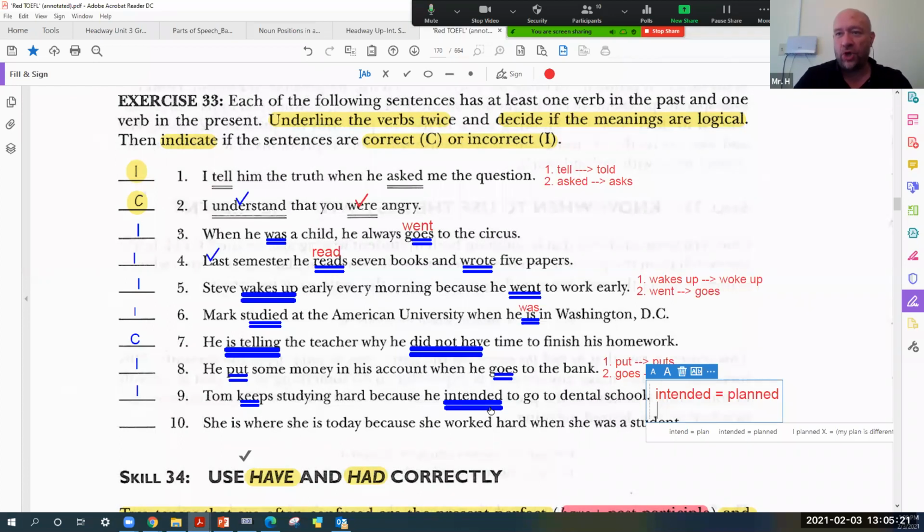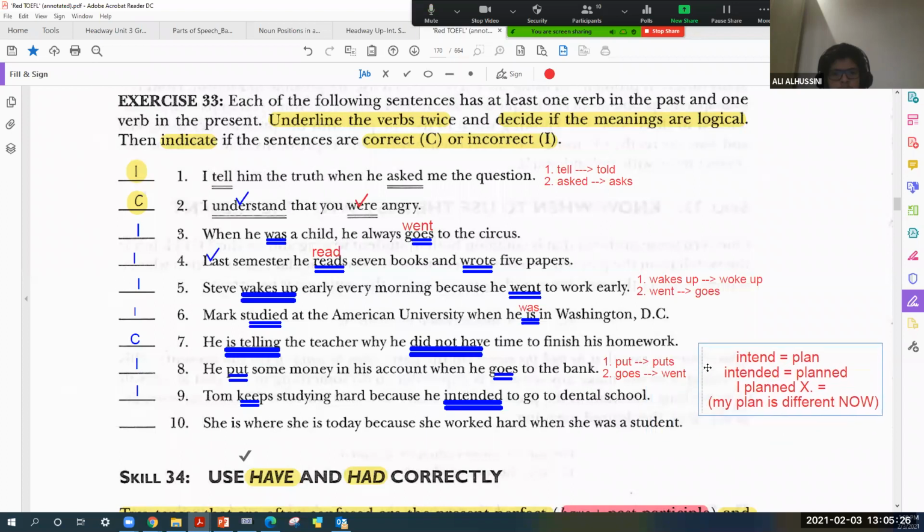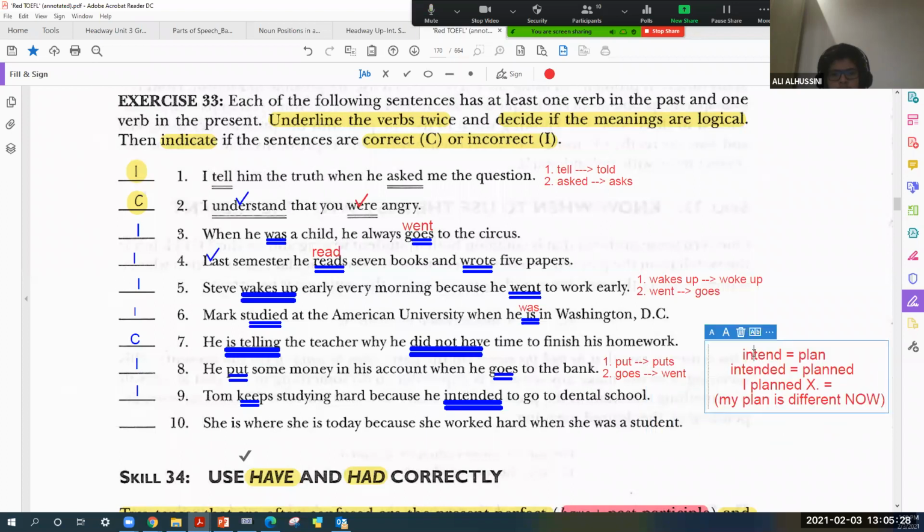When you intend, you plan something. When you say intended, it means you planned it. If you say I planned X, what does that mean? It means that my plan changed. Do you understand?